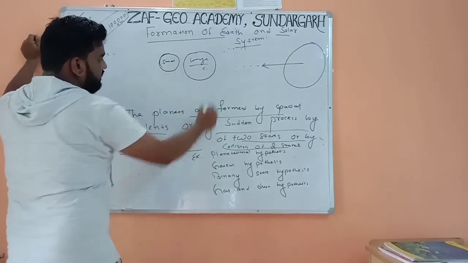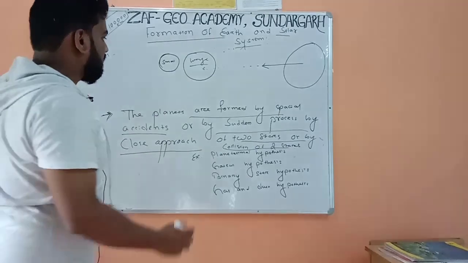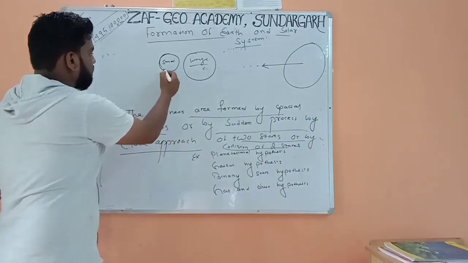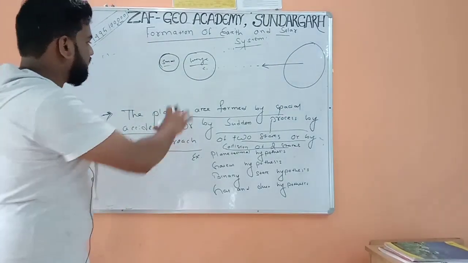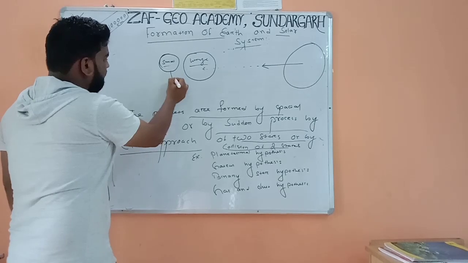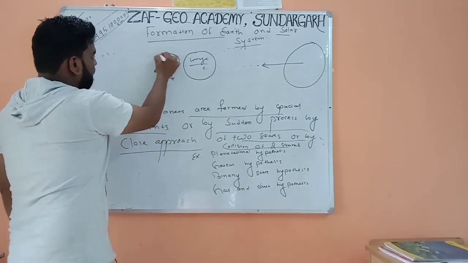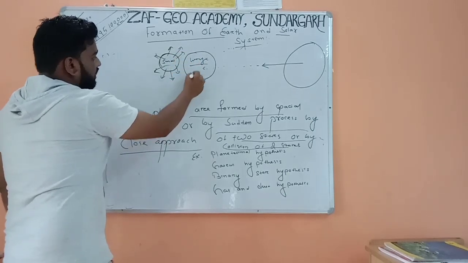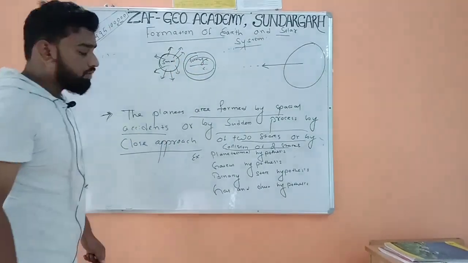Since the star is large, it must have a greater gravitational pull as compared to the small star. With the greater gravitational pull, it will eject material from the small star due to the large gravitational pull of this huge star.